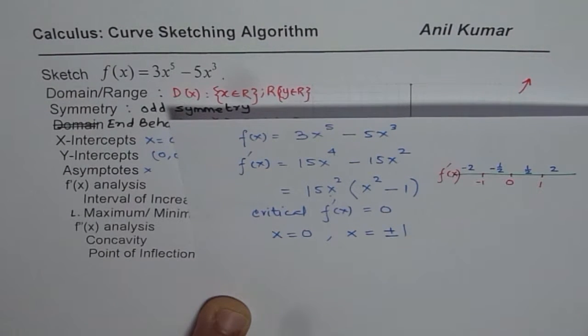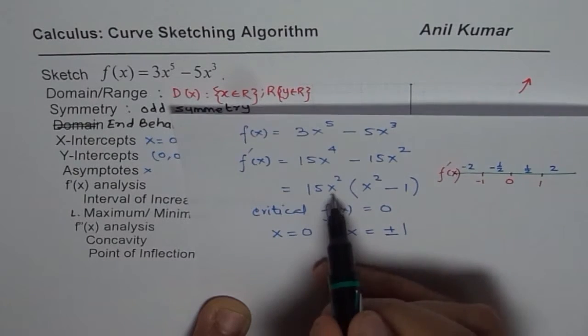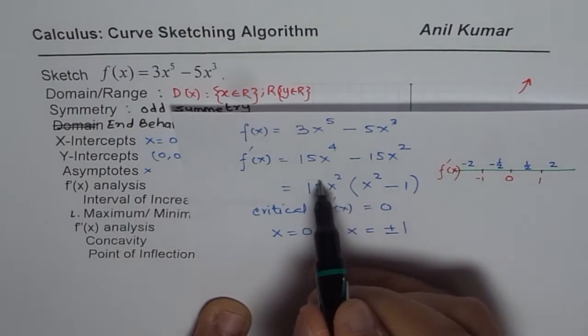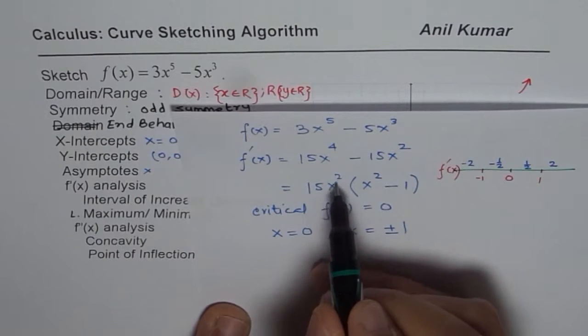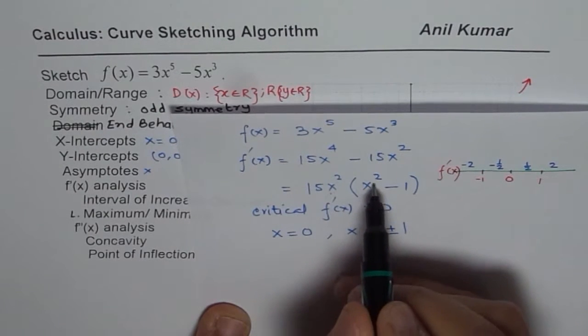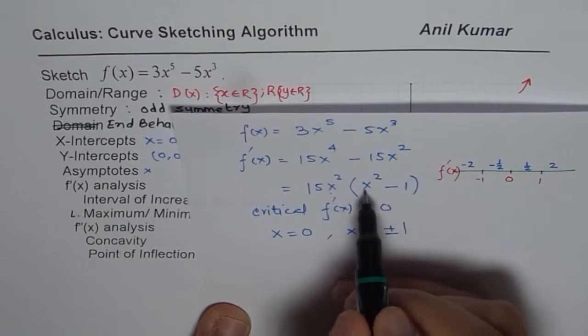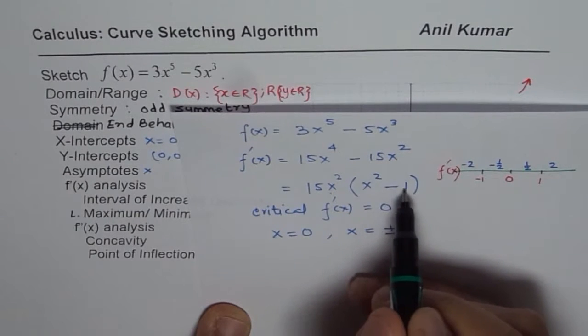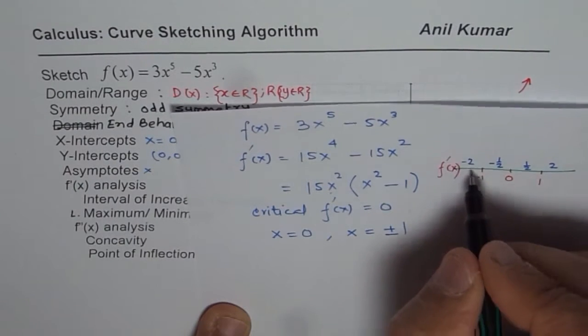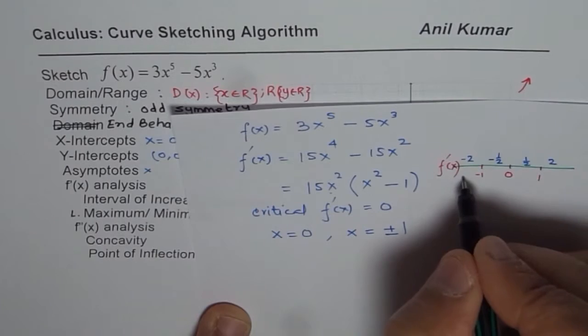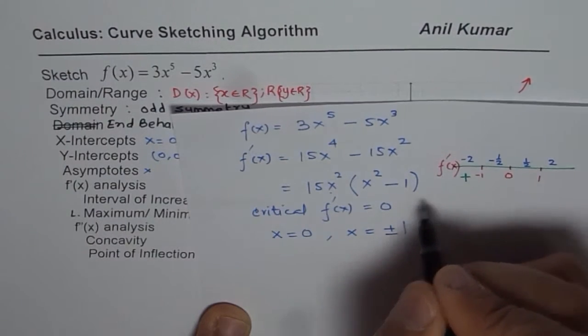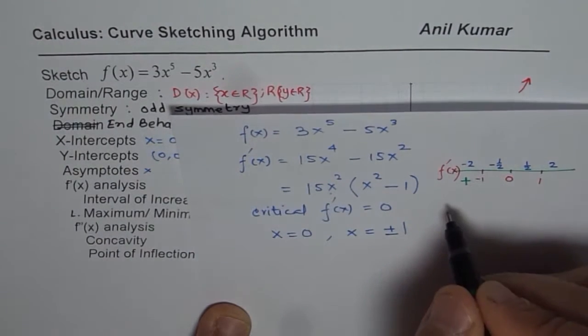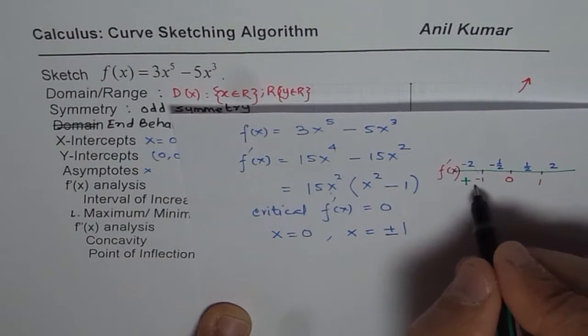Now, if I substitute minus 2 here, we know the first term is always positive since it is x squared. Now minus 2 squared will be 4, and 4 minus 1 is positive. So in this interval, we expect a positive derivative. Positive means that the function will be increasing, right?